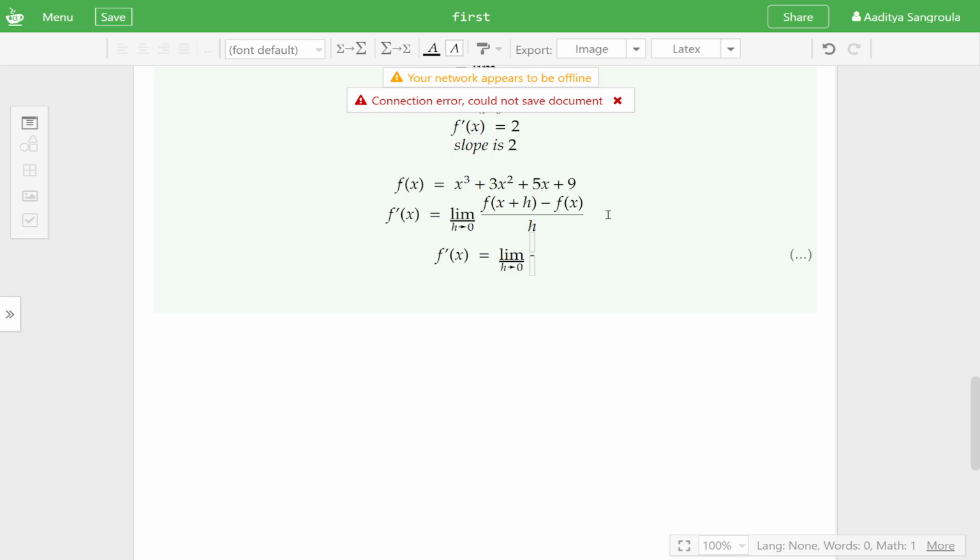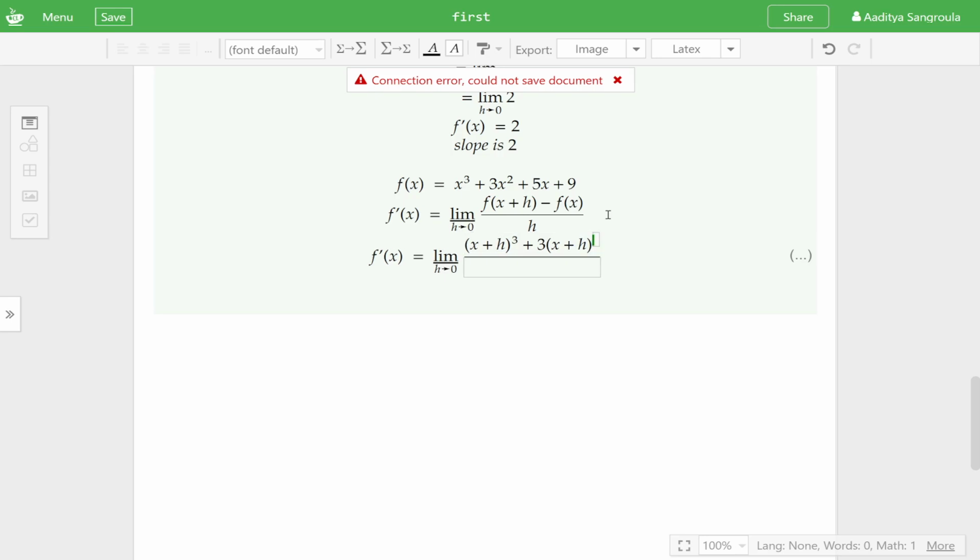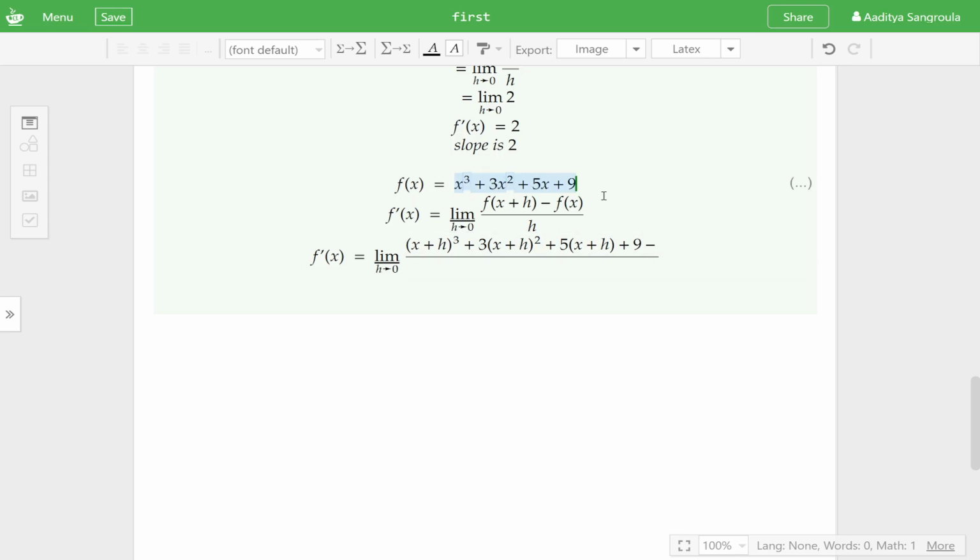So (x plus h) cubed, plus 3(x plus h) squared, plus 5 times (x plus h), plus 9, minus x, and minus 9, so minus this.